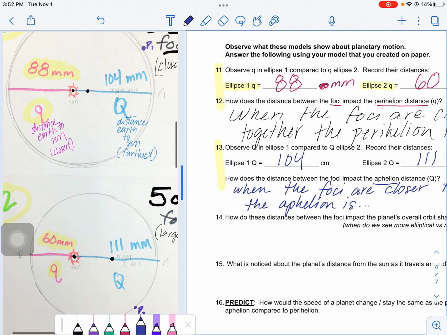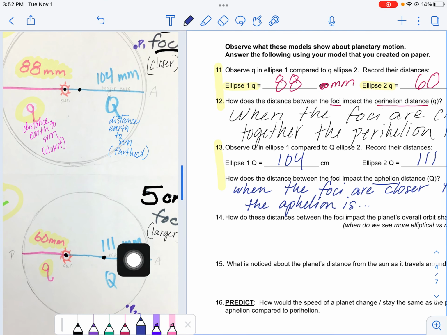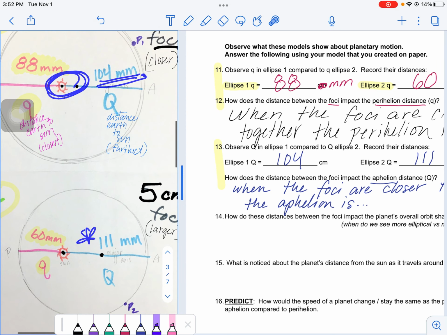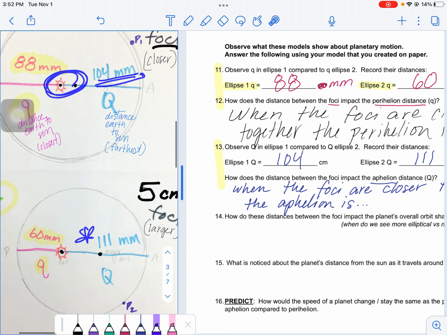So we're looking at the two diagrams, the blue aphelion measurement. If the foci are closer together, how does that distance being closer together impact my aphelion? So what do I know when the foci are closer together? This number is going to be bigger or smaller compared to down here. That's what you're thinking about for the rest of 13.